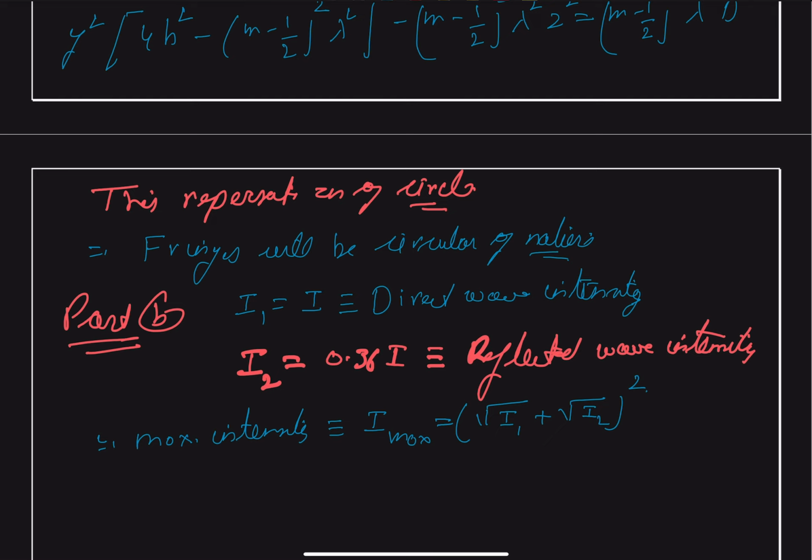I1 is our I, so this gives us square root of I plus square root of 0.36 times I, whole square. We can take square root of I as common, and this comes as 1 plus 0.6, squared, which gives 2.56 times I.